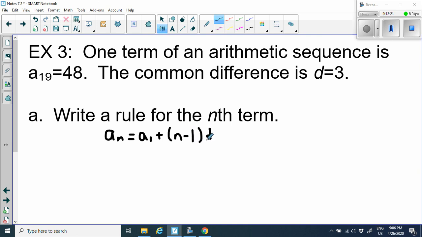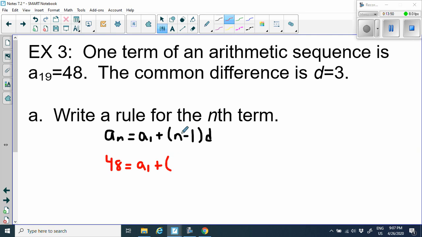Now in this case, we do not have our first term, but we do have an a sub n. We have a sub 19, and that a sub 19 is 48. So I'm going to plug 48 into my a sub n here. So I have 48 equals a sub 1. I'm really going to try to find what my first term is.